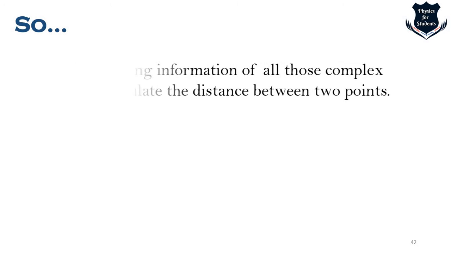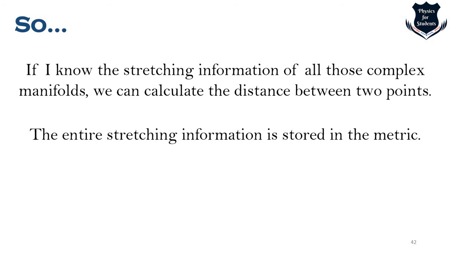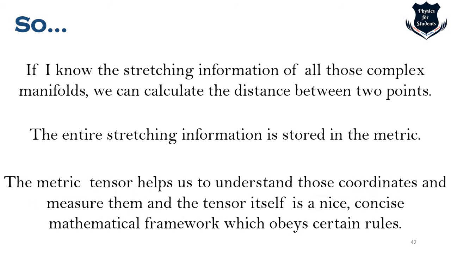So what we say is that if I know the stretching information of all those complex manifolds or surfaces, we can calculate the distance, obviously how much it is stretched and in which direction. We can also know that this entire stretching information is stored in the metric, right? This metric tensor helps us to understand those coordinates and measure them, and the tensor itself, as I told you, is a nice mathematical framework which obeys certain rules.